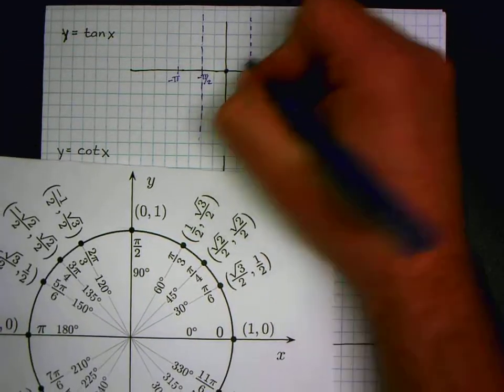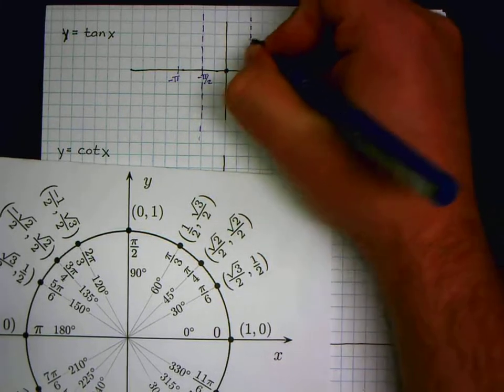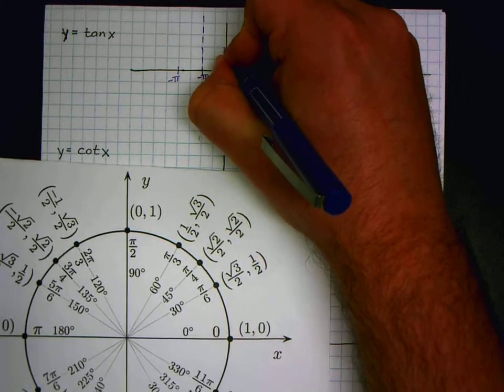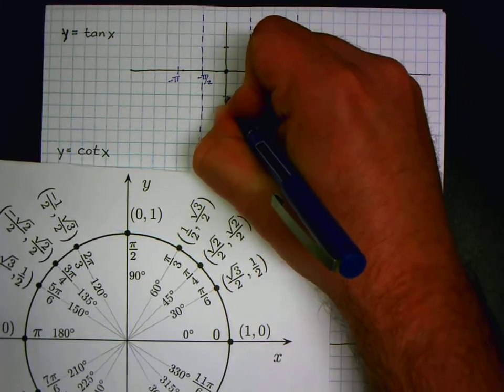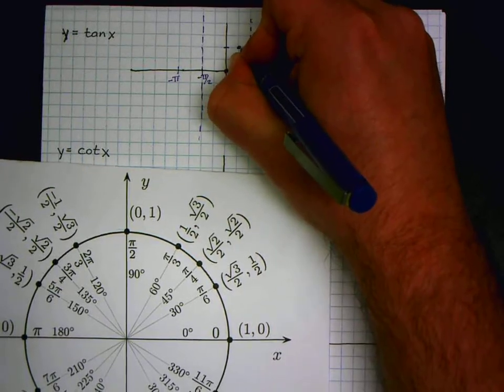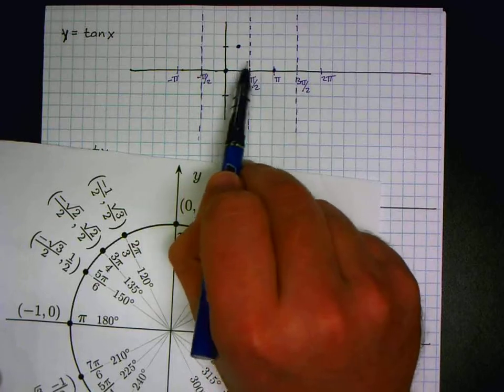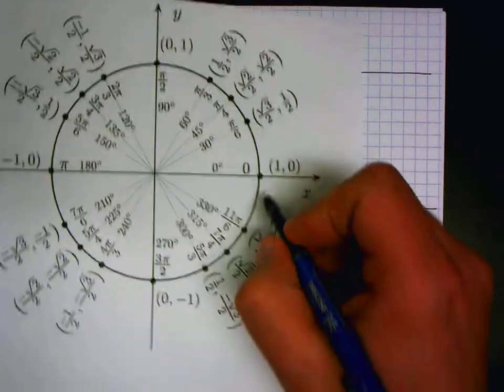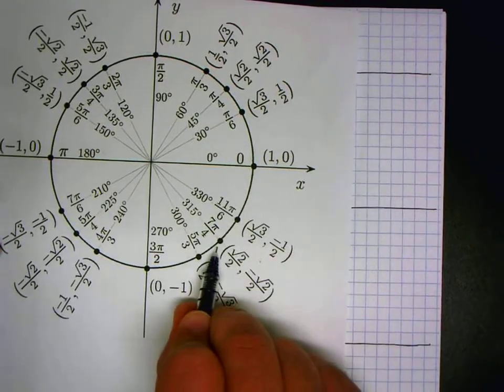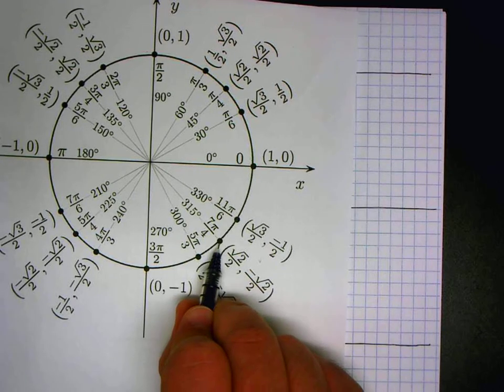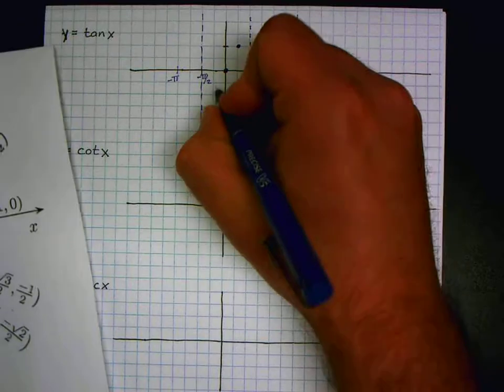So let me put 1 and negative 1. Let me just take care of in between these asymptotes. So let me do negative pi over 4. Negative pi over 4 would be down here. So what am I equal to at negative pi over 4? Negative 1.